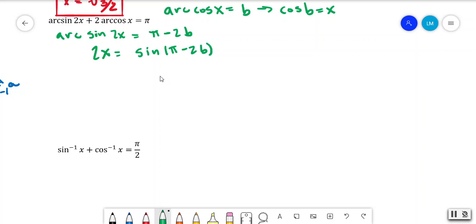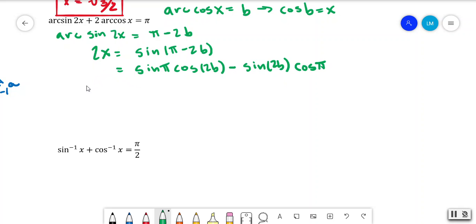Now from here, one thing that you've got to notice is that if you expand this, you have sine of pi times cosine of 2b minus sine of 2b times cosine of pi.